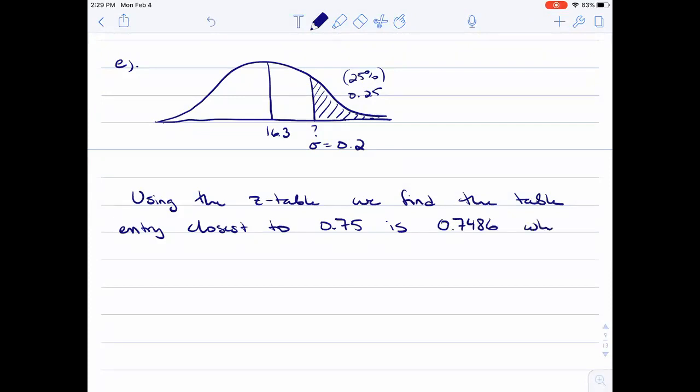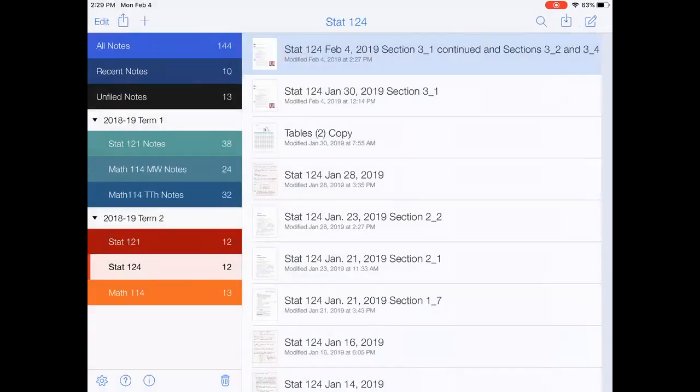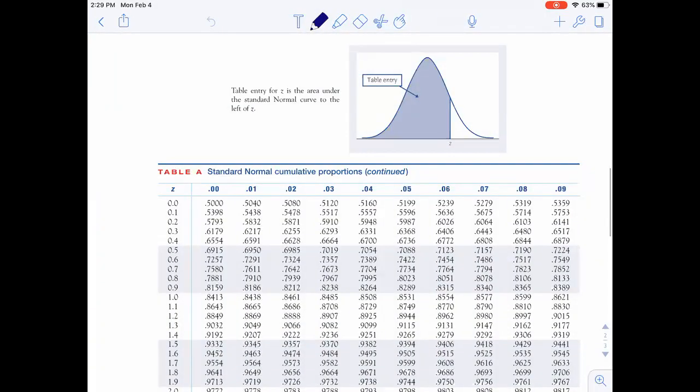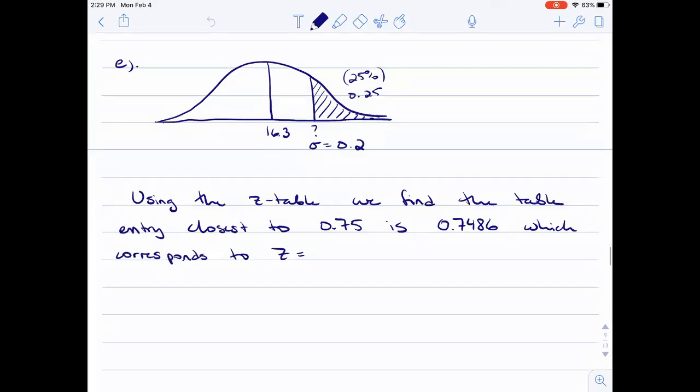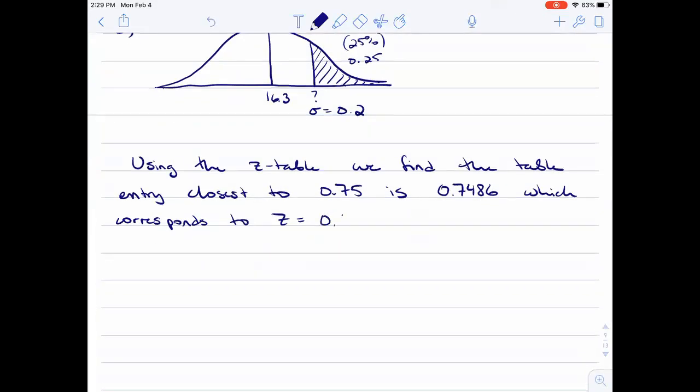Which corresponds to Z equal to, where are we here? I've got 0.6 and 7, 0.67. Is that what you guys are getting? Z equal to 0.67.